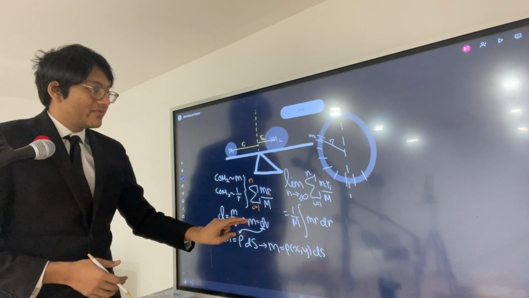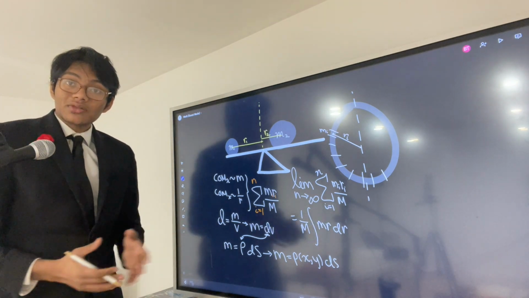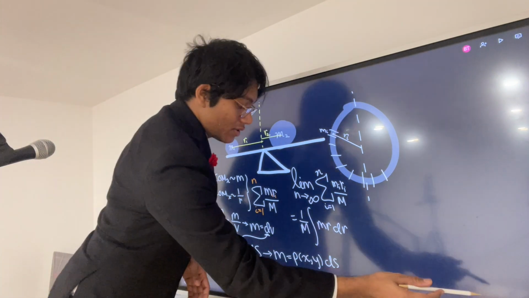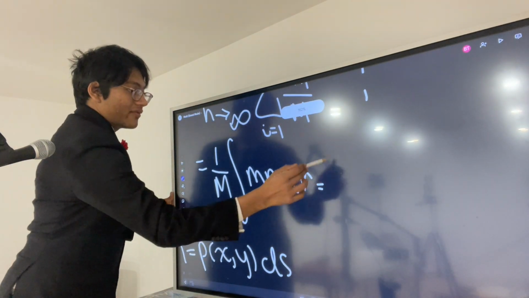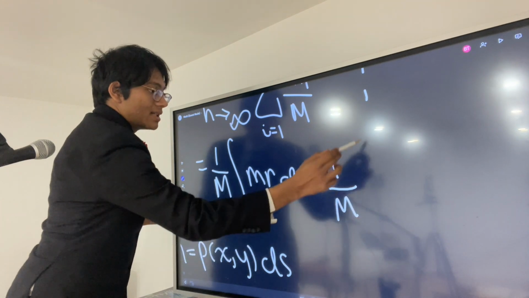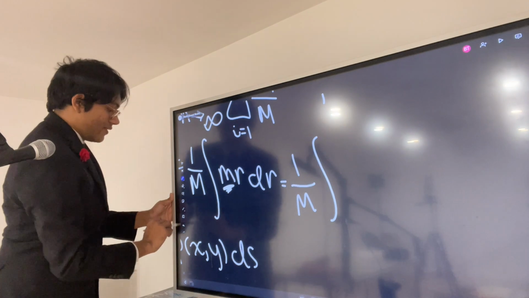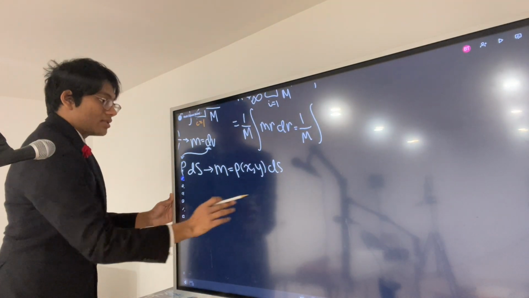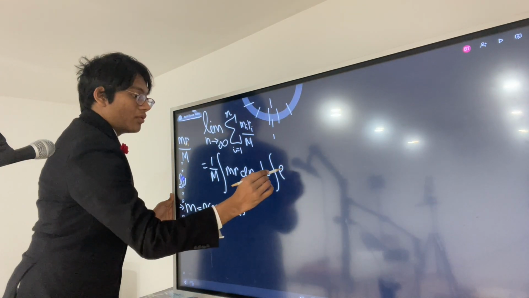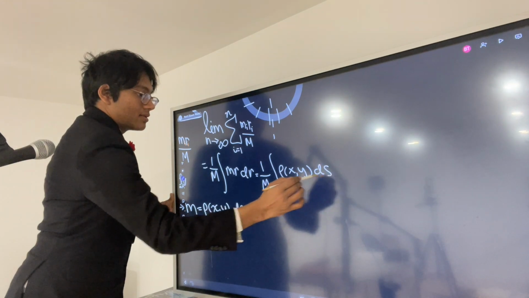So now that we've got a basic idea of what we're going to do, let's go ahead and find that center of mass. So first, let me finish up my formula here. I now know that my formula is simply going to be 1 over m times the integral of what's m over here. Well, I just derived that m is rho ds. So I'm going to have rho of x comma y ds.